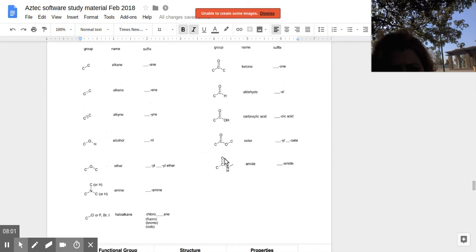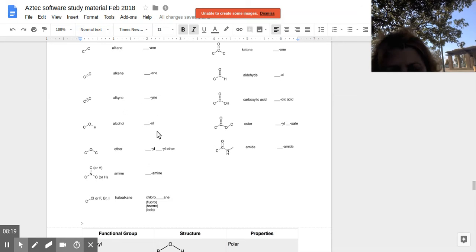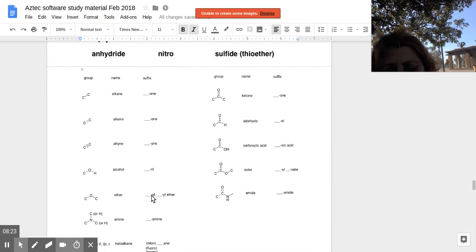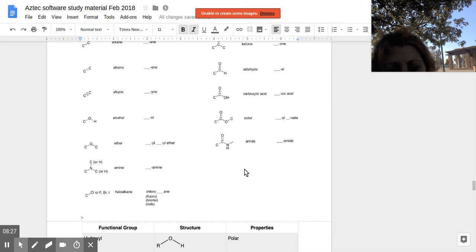More groups. Ane, single bonded carbons. Ene, double bonded carbons. Yne, triple bonded carbon. Alcohol, OH. Ether, COC. Amine, CNC. So halocarbon is with chlorine, fluorine, bromine, or iodine attached to the carbon.